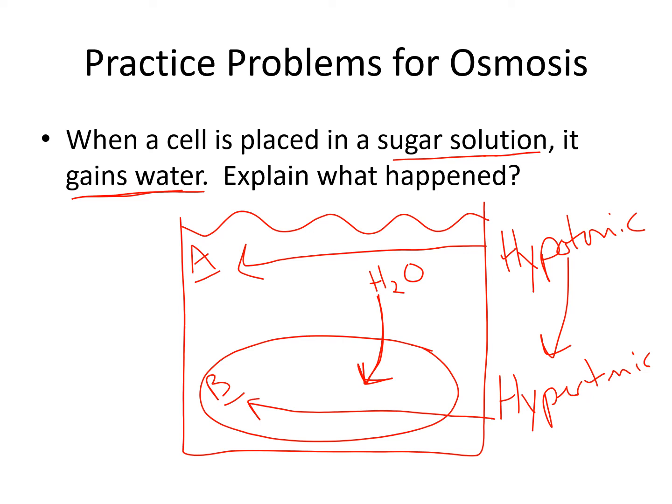So solution A must have a lower concentration of solute compared to solution B. Solution B would have the higher concentration of solute. So conversely, solution A would have the higher concentration of water, and solution B would have the lower concentration of water.